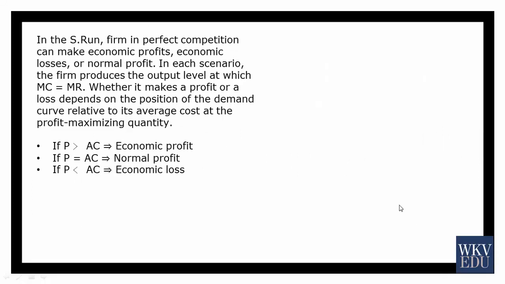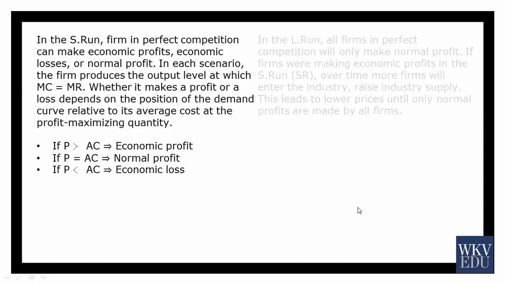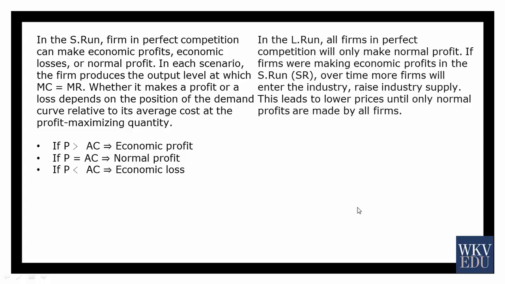What happens in the long run? In the long run, all firms only earn normal profit. Why does this happen? It happens because when firms in the short run are making economic profits, that incentive, that positive thing about that particular industry will cause other players to enter the industry.